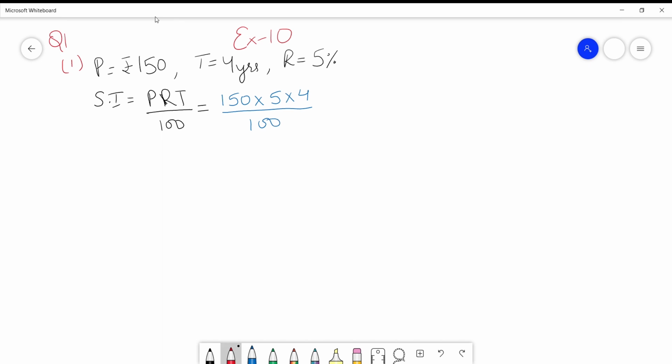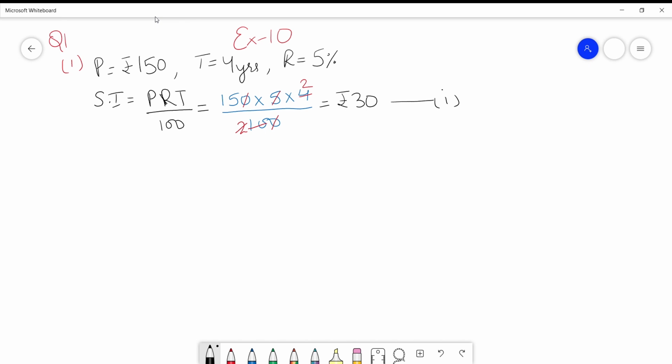Now cut these all. Zero with zero, 5 twos are 10. Now cut this 2 with 2. And we get 15 into 2, 30 rupees. This is my simple interest.